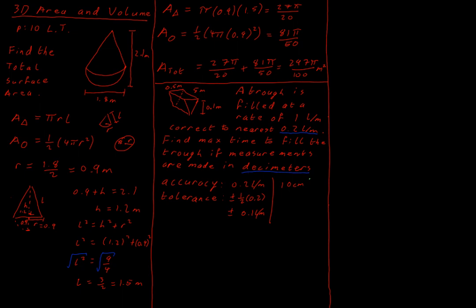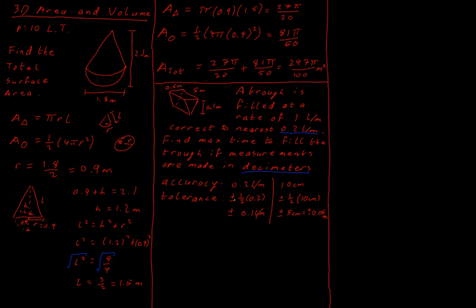So our metal was cut out to an accuracy of 10 centimeters. We were just looking at our 10 centimeter marks on our ruler. And our tolerance for that would be plus or minus half of it, plus or minus 5 centimeters, which would be plus or minus 0.05 meters.